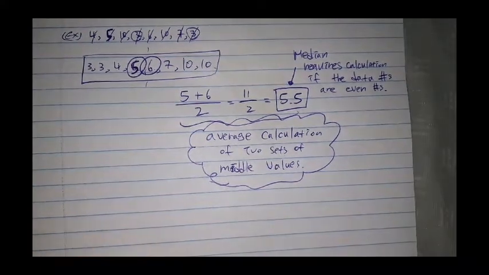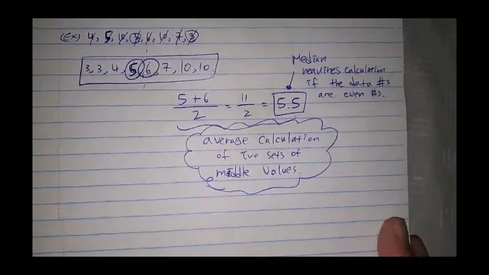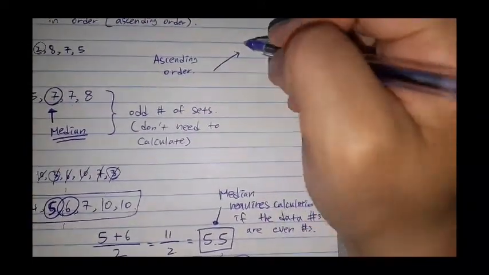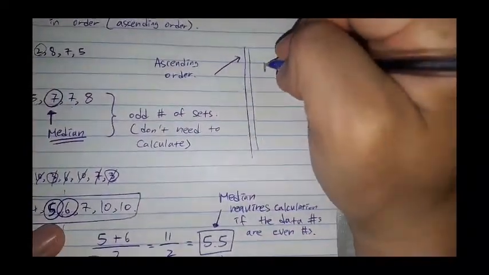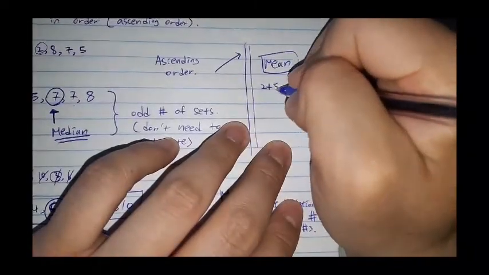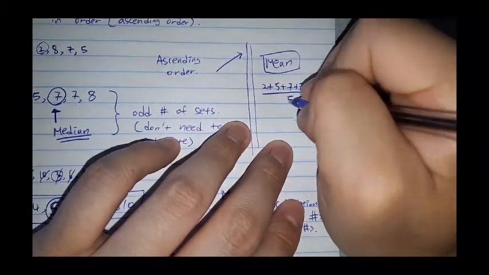Now here's the thing. Which method is better? Is the average, mean value calculation better, or is median calculation better? So let's, for example, quickly go through here. If I calculate the mean value, then you simply add everything: 2 plus 5 plus 7 plus 7 plus 8 divided by 5 sets.